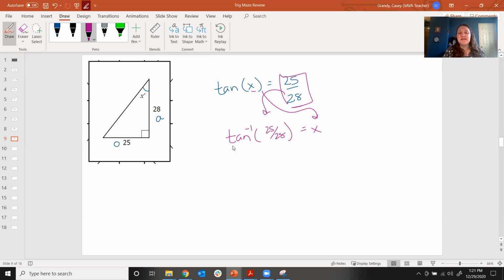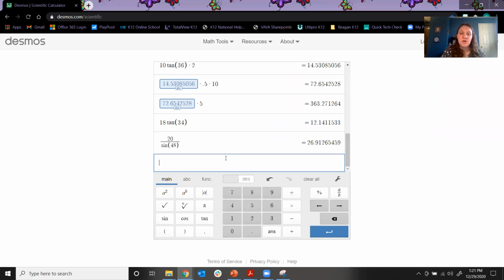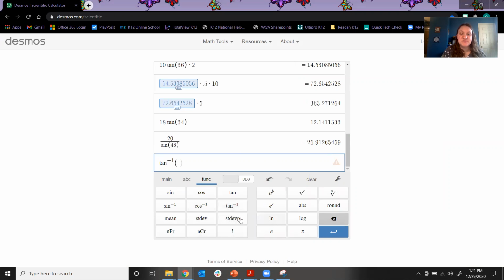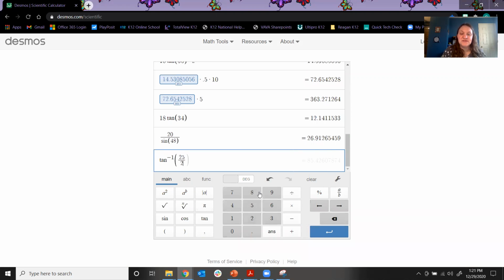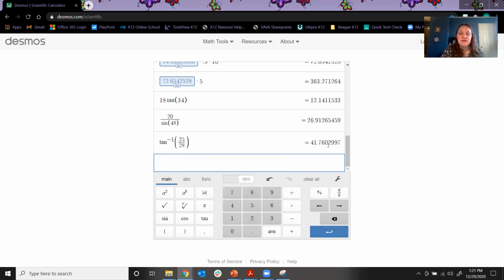So we are using an inverse. So in our calculator, we are going to type tangent inverse of 25 over 28. So we do that here, function, tangent inverse, 25 over 28. So x is about 41.8.